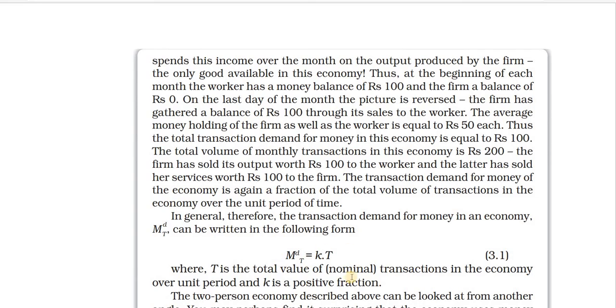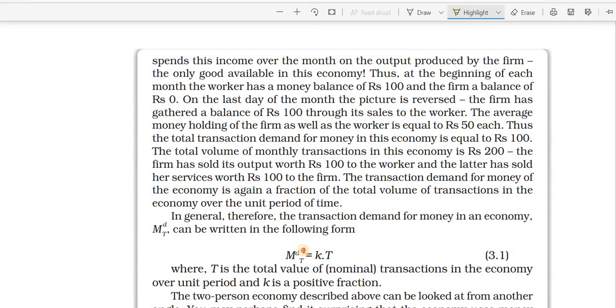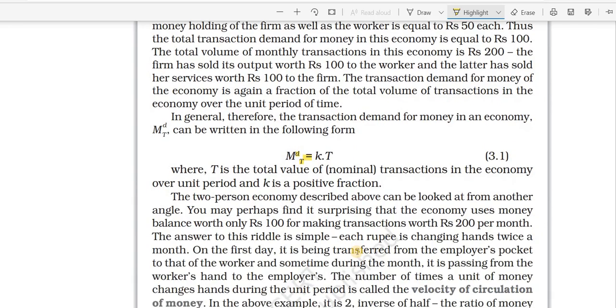That equation we can write as demand for money: MD, the demand for money for transaction purposes, equals K into T. K is a positive fraction. T is the transactions in the economy over a period of time. So the transaction demand for money equals K into T.